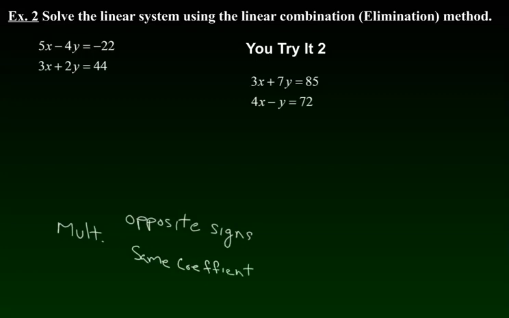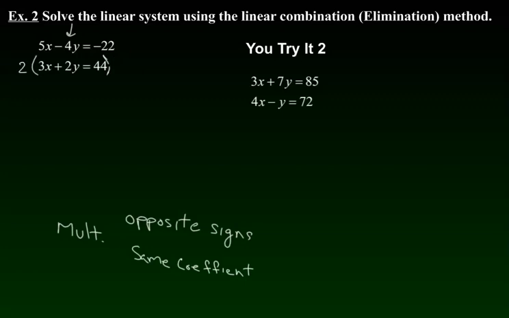Looking at the y's, I already have opposite signs, and I know I can multiply 2 by something to get 4. So I'm going to target my y and try to get rid of y, which means that I need to multiply the second equation by 2.